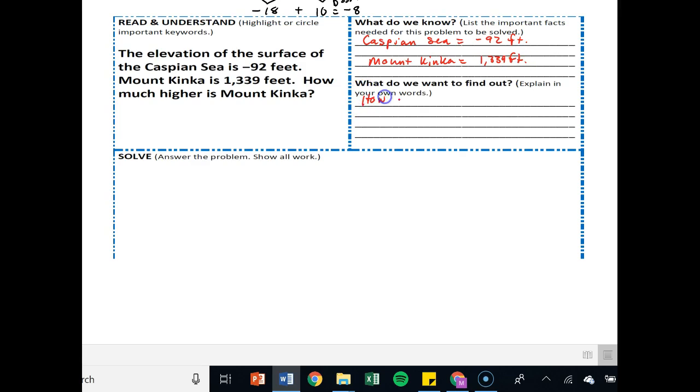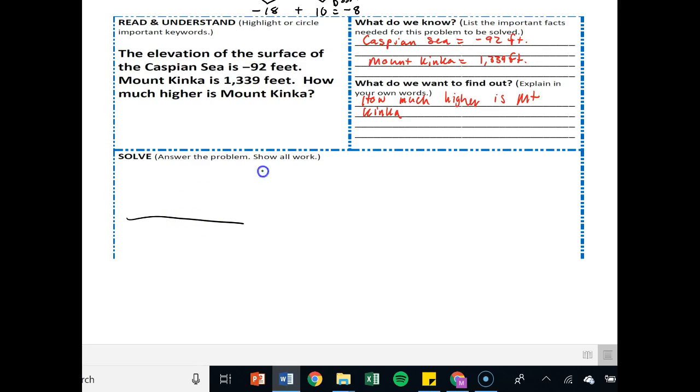What do we want to find out? How much higher is Mount Kinka? All right, so first we could draw a picture. If this black line represents, we'll call it surface level, sea level.